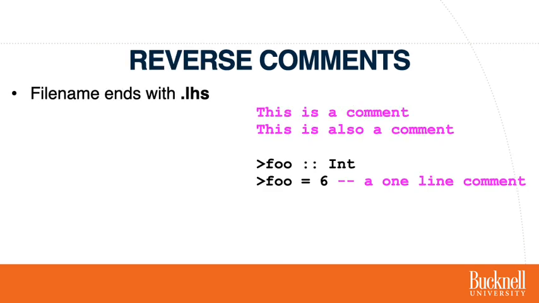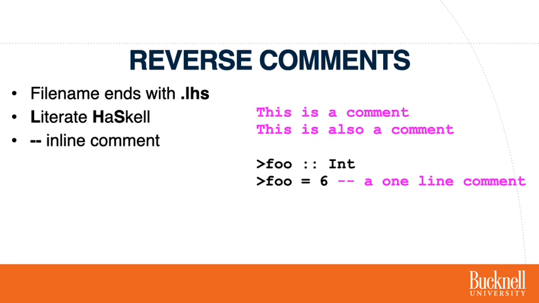The other type of Haskell file is a .lhs file. L stands for literate. LHS stands for literate Haskell. Like before, dash dash is for an inline comment. However, literate Haskell uses reverse comments.